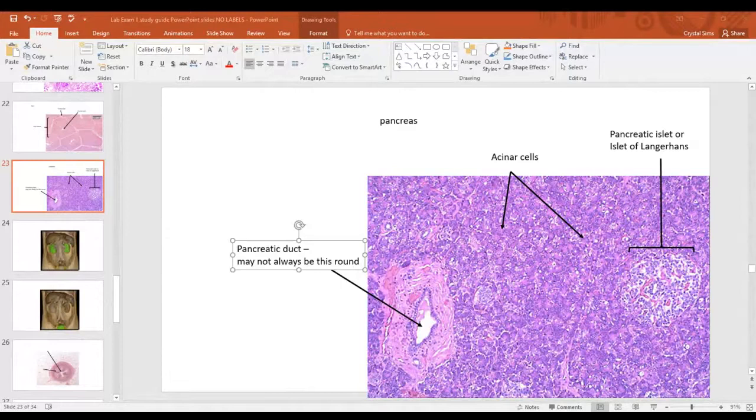Oh man. Okay. So now can you see what I've typed, Kaylee? No. It's still not showing up that I've typed pancreatic islet and the acinar cells? No. Alright, let me stop it again.